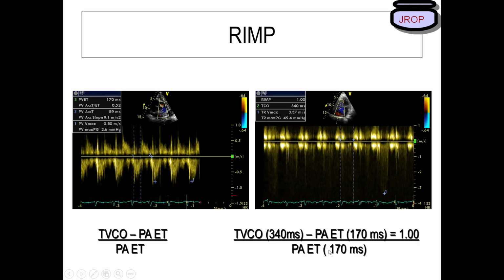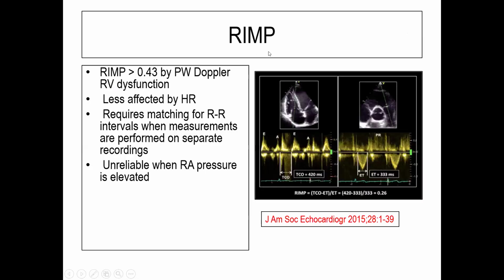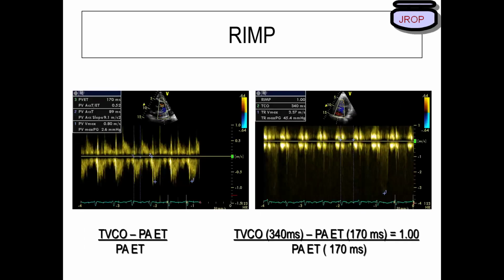The higher this right-sided myocardial performance index, the poorer the prognosis, because anything more than 0.4 is considered a significantly high risk of developing comorbid conditions and mortality. Normal is 0.4.